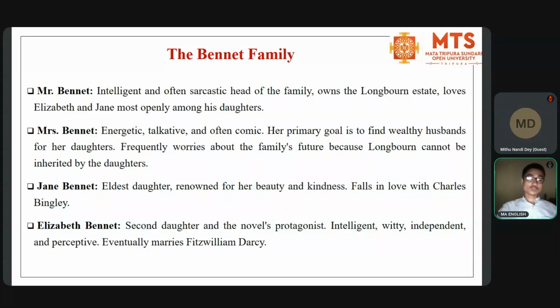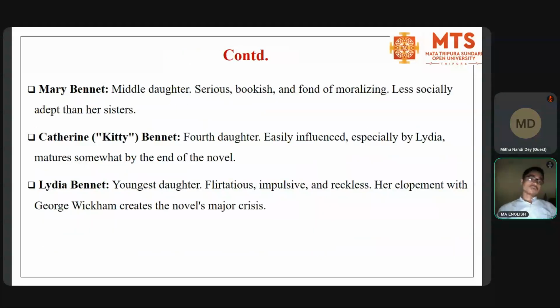The second daughter is Elizabeth Bennett, who is the actual heroine, the protagonist of the novel, very intelligent, very witty, independent, and feminine by nature. The third daughter is Mary Bennett, a very studious, serious person, who is also socially excluded and doesn't believe in adapting to social positions.